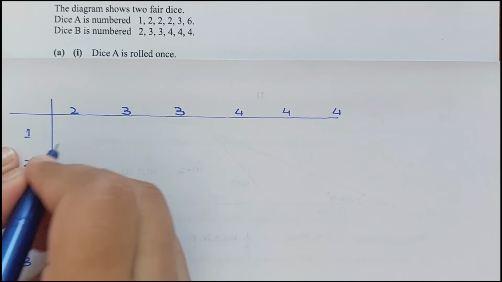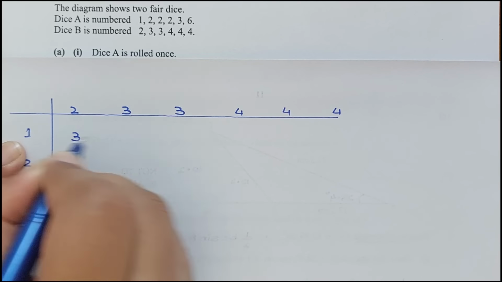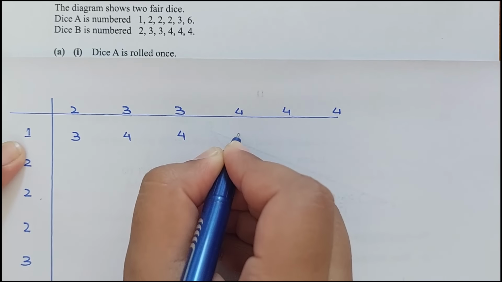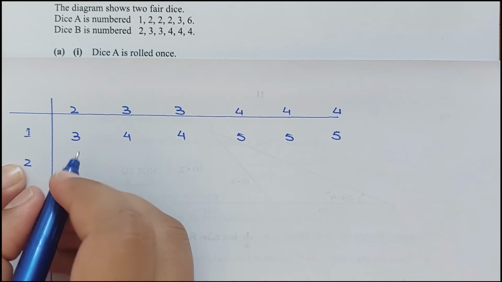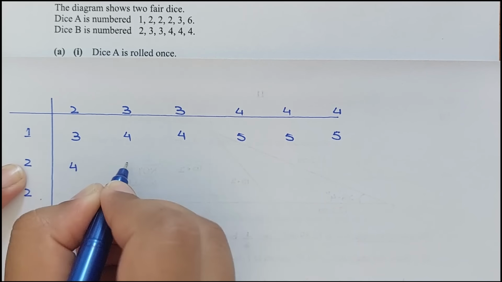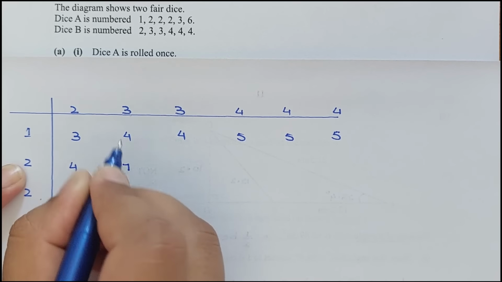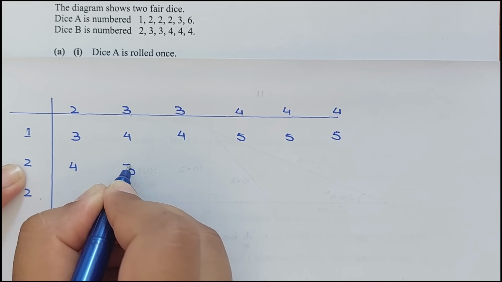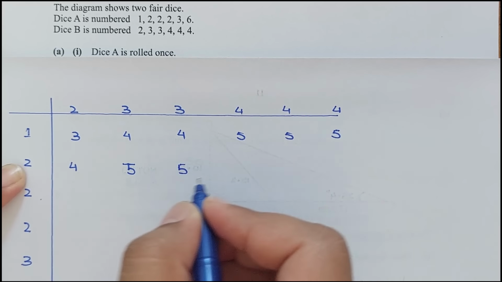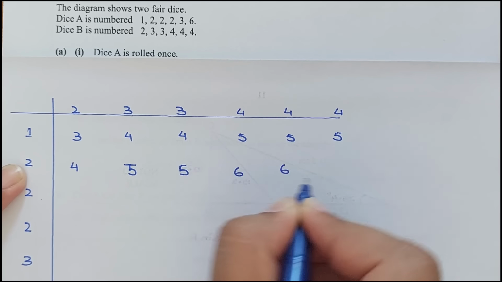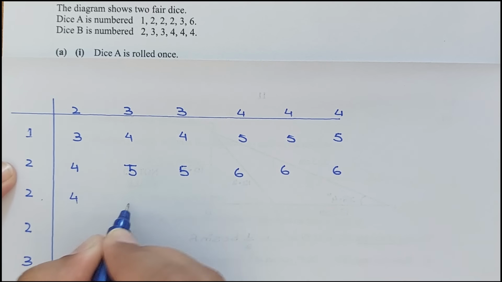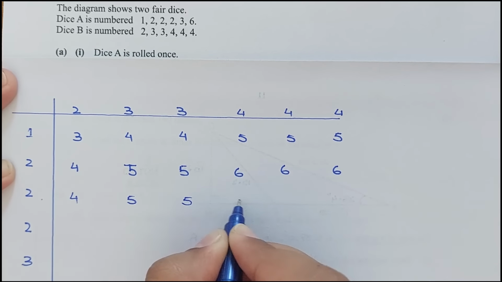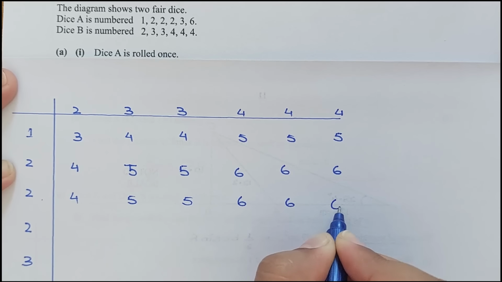So 1 plus 2 is 3, then we have 4, 4, 5, 5 and 5. Now adding 2: 4, 5, 5, 6, 6 and 6. Again adding 2, the same: 4, 5, 5, 6, 6 and 6.